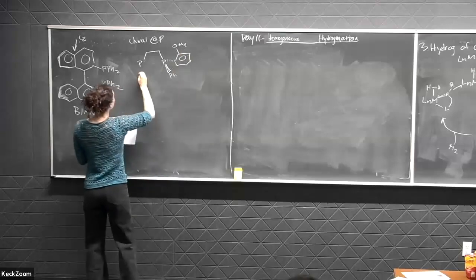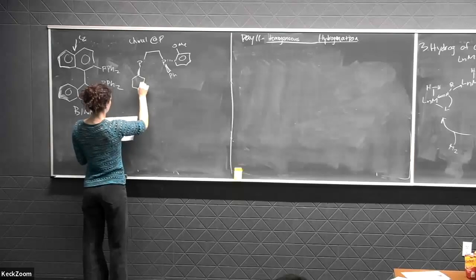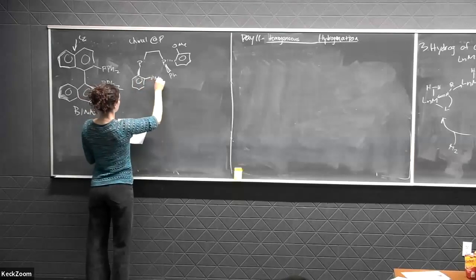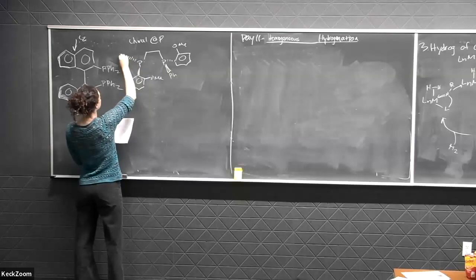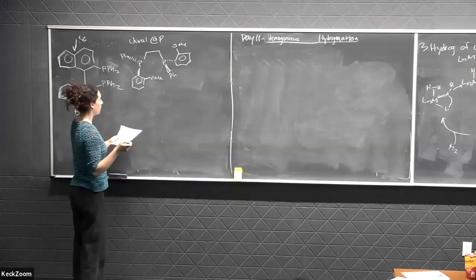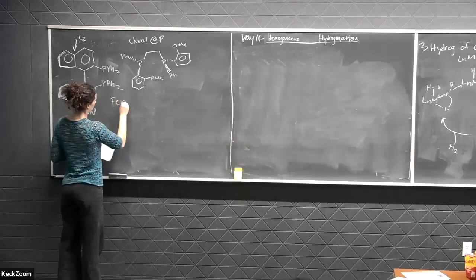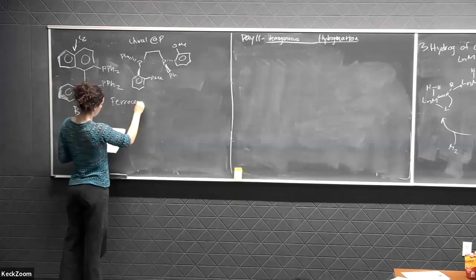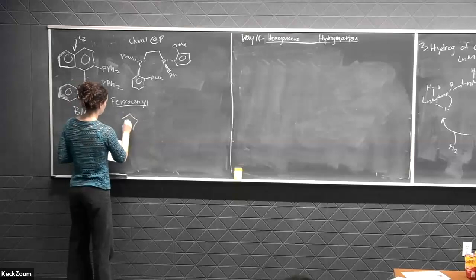And extensive lists of ligands, like I said, are in the textbook. And one other class to mention is ferrocenyl-based asymmetric ligands.